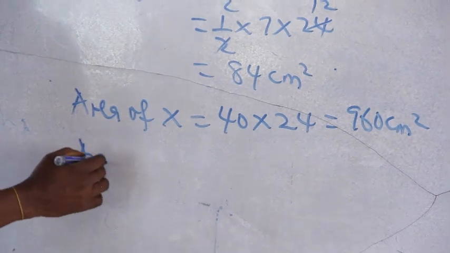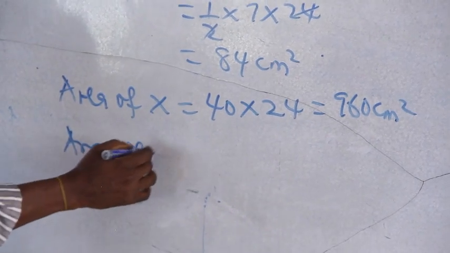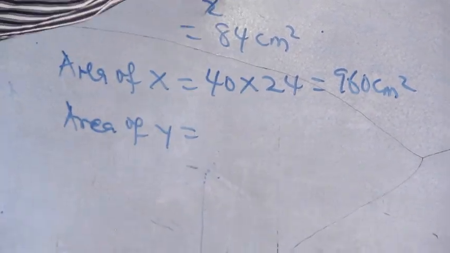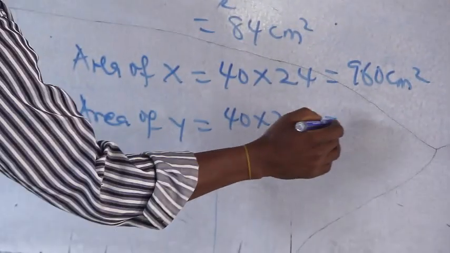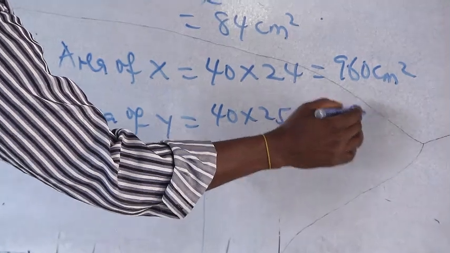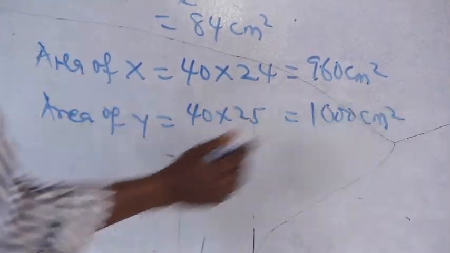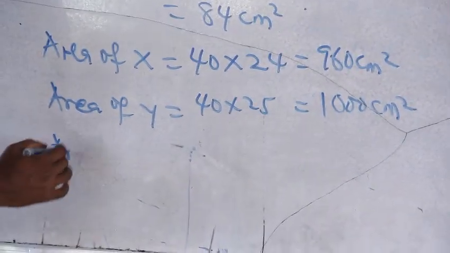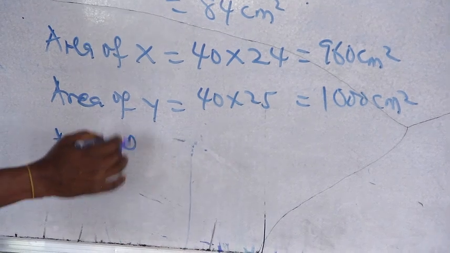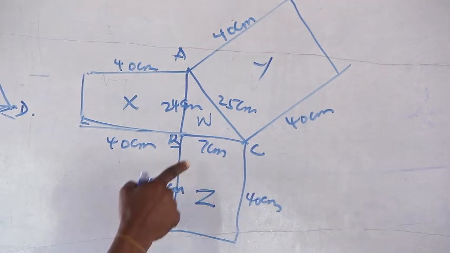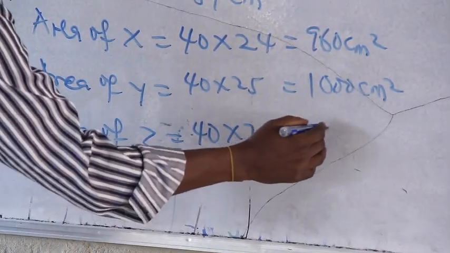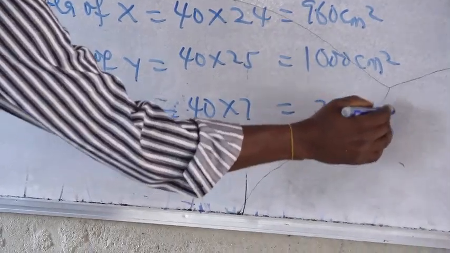Then area of Y. Y is also 25 times 40, or 40 times 25, and that is 1000 centimeter square. Then area of Z is 7 times 40, or 40 times 7, and that is 280 centimeter square.